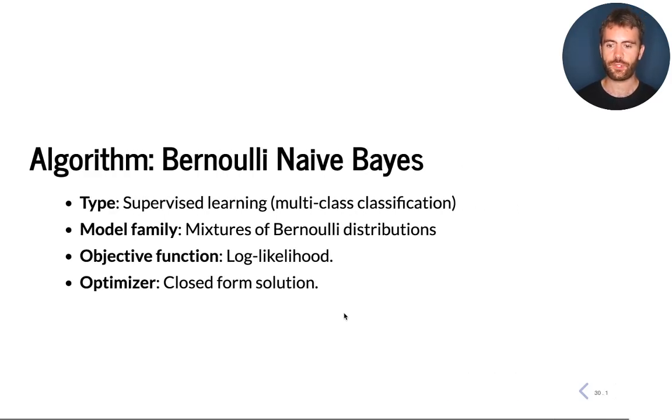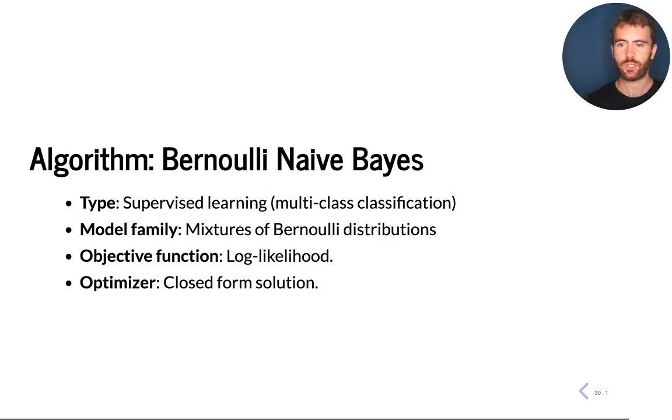All right, so just summarizing everything that we have seen so far, I have introduced an algorithm called Bernoulli naive Bayes, and this is an instance of a supervised learning algorithm which solves multi-class classification problems. It models the data as a mixture of Bernoulli distributions.